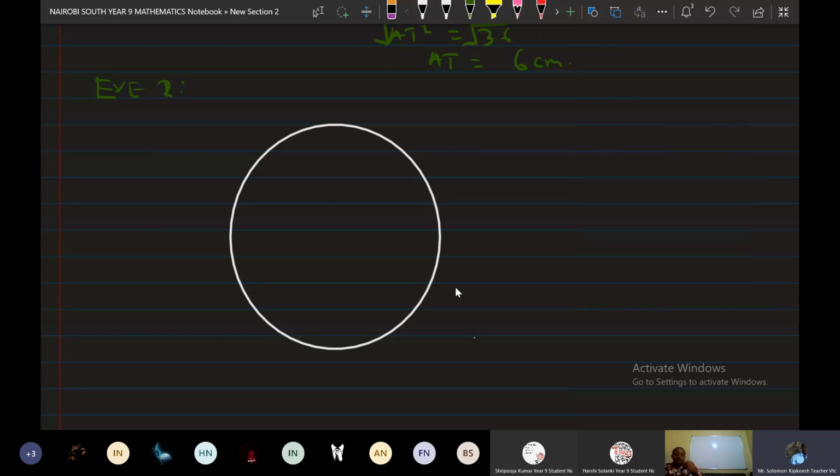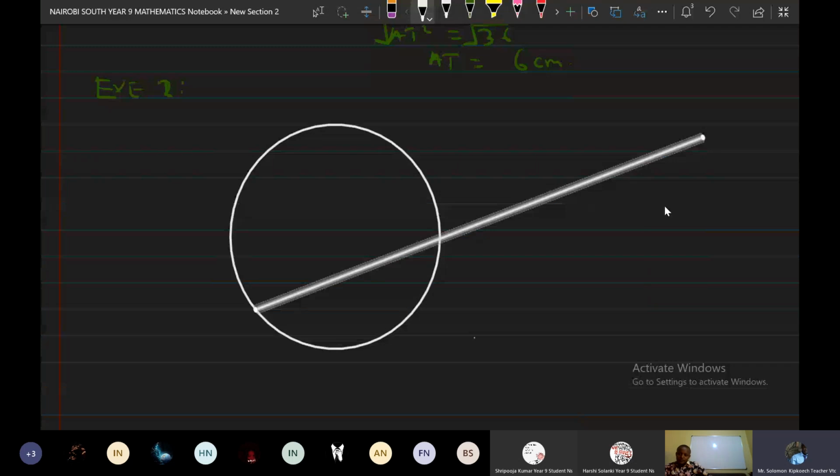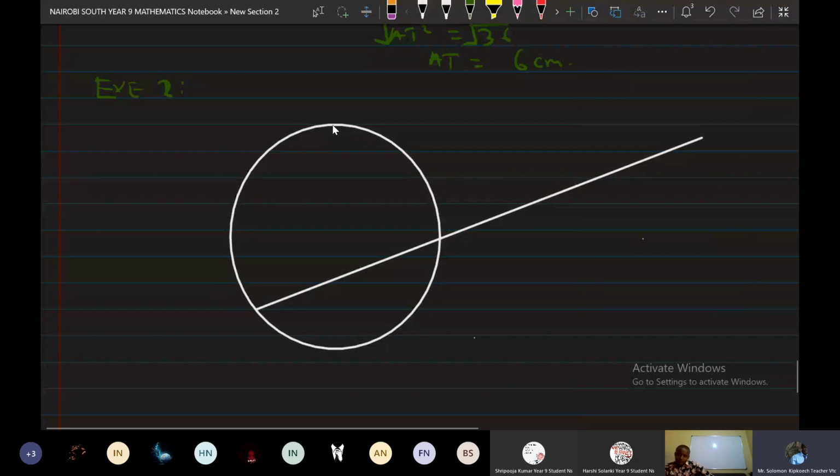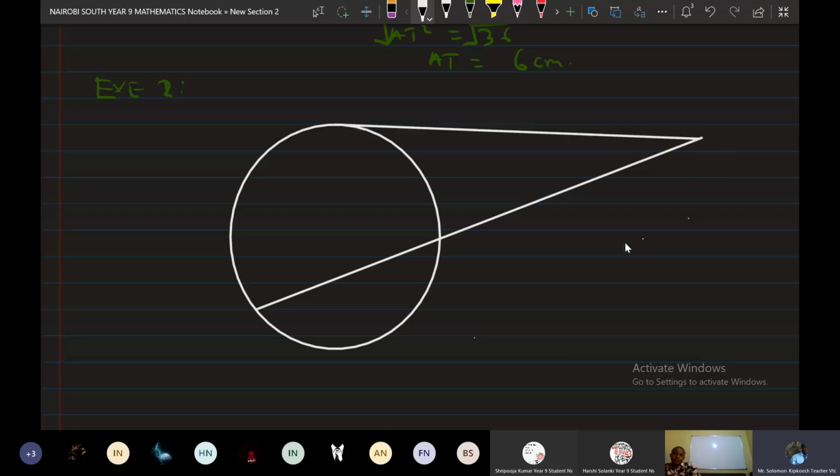The line is coming like this from here. And then you also have another line coming from here. Good, that's what we have.